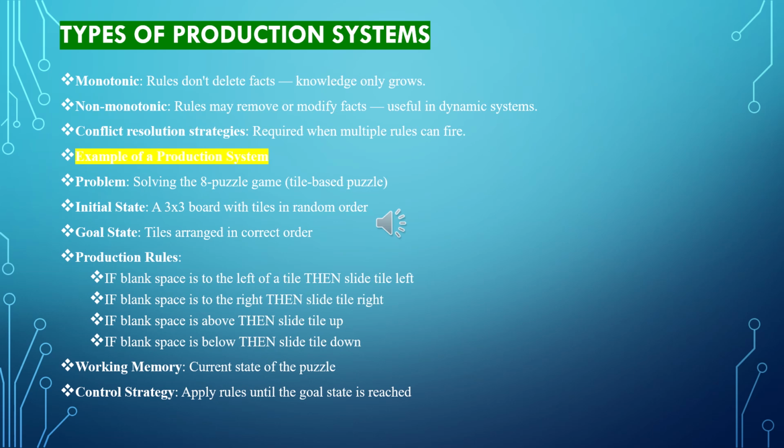The functions move the blank space tile left, right, up or down, so you find the blank space in the board. The working memory is the current state of the puzzle, and the control strategy is to apply rules until the goal state is reached. You apply production rules in the left, right, up and down directions to solve the problem.